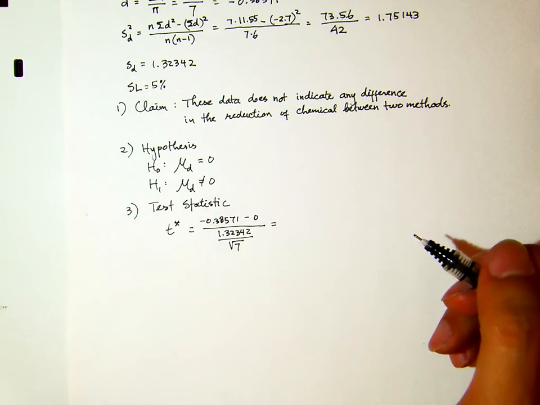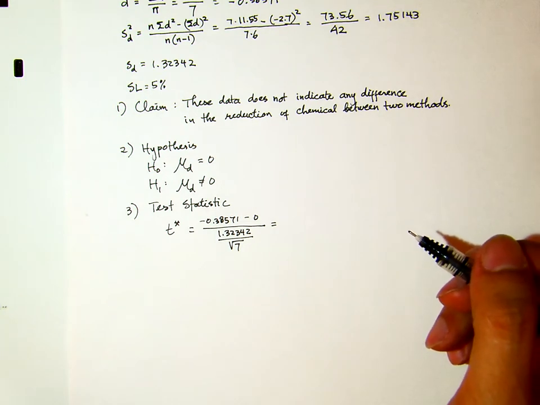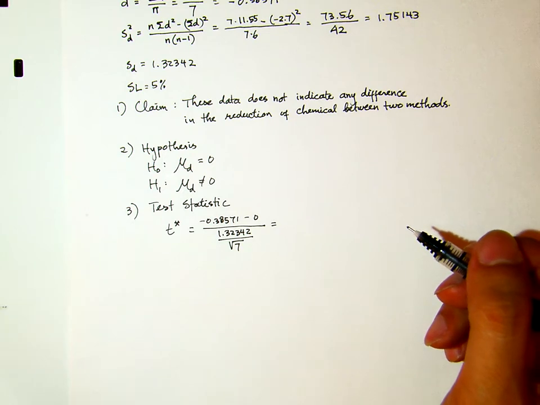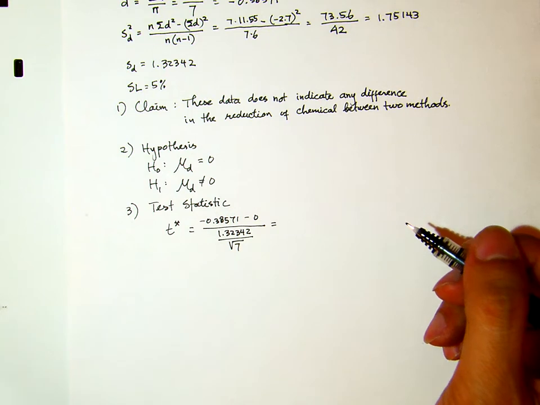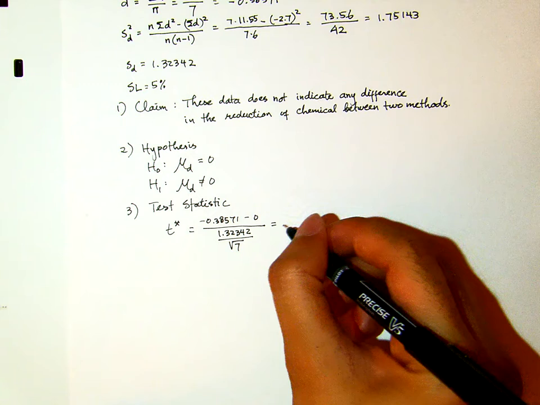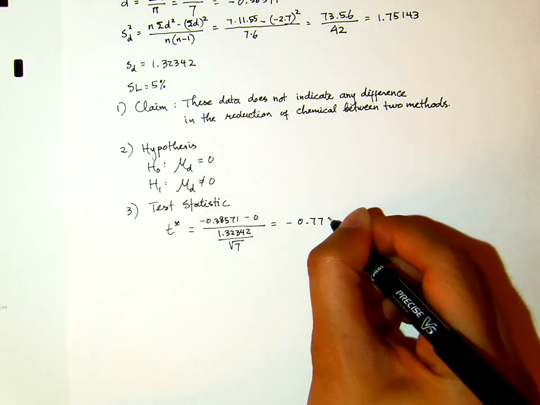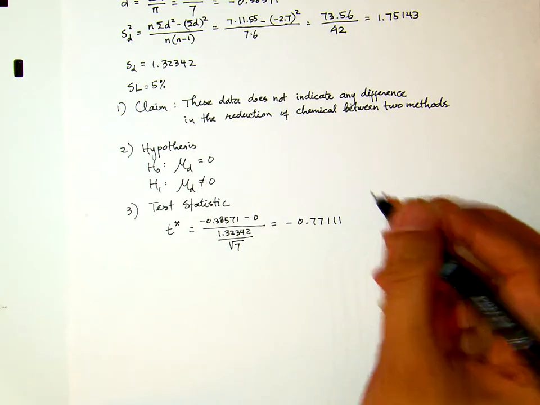That is negative 0.38571 divided by that standard deviation, multiplied by the square root of 7. That will be negative 0.77111.